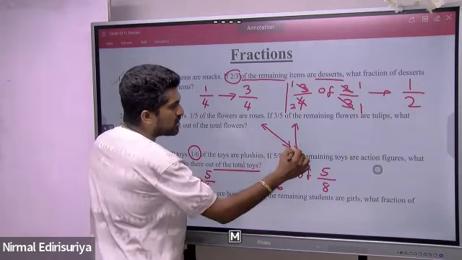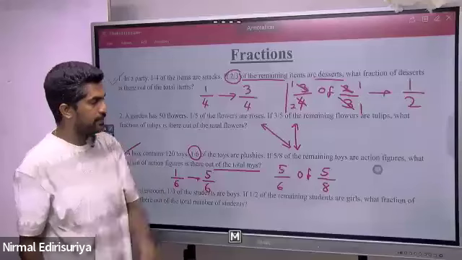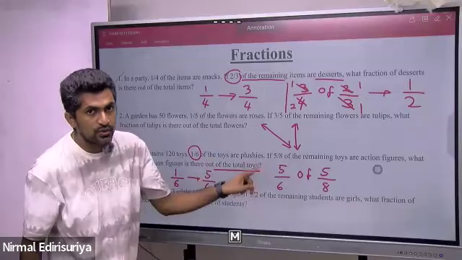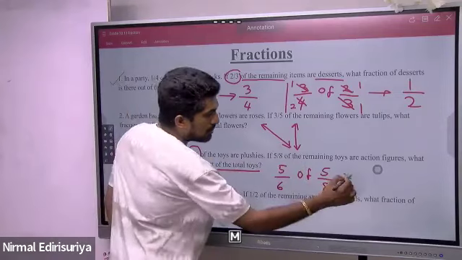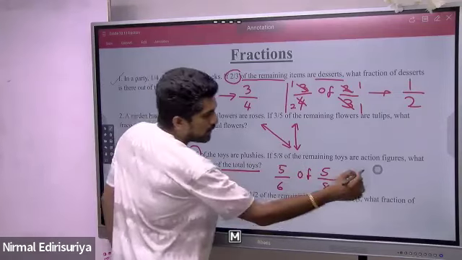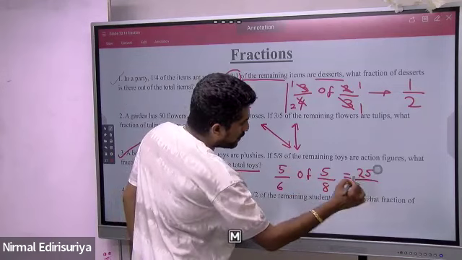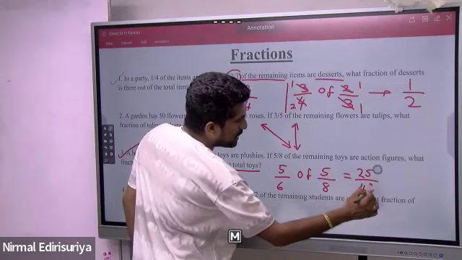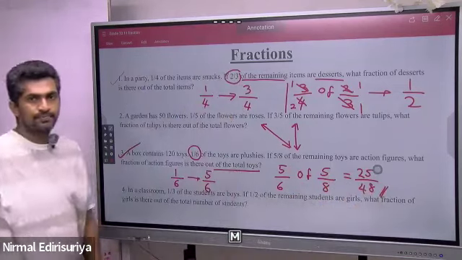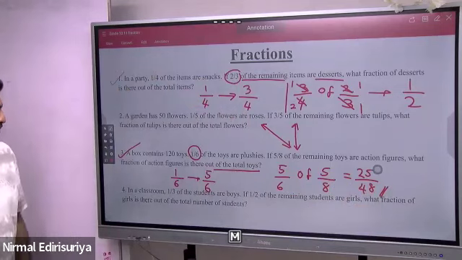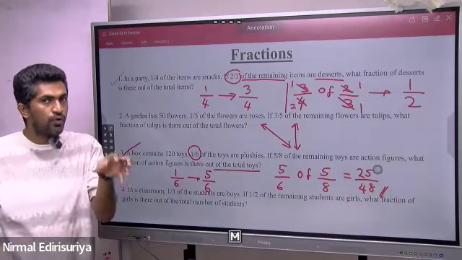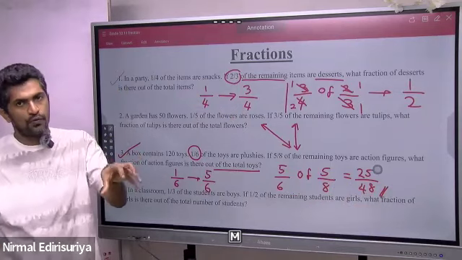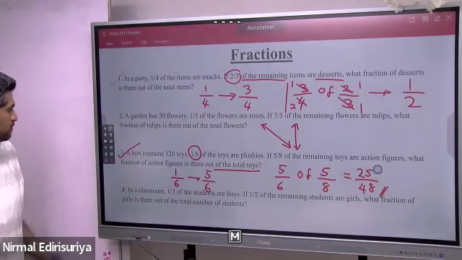You cannot do it in a horizontal way, so you cannot cut this 5 to 5. Here you multiply numerator with numerator, 5 into 5, 25, over 6 into 8, 48. So this is the answer. In this type of question, you have to understand the term of the remaining.